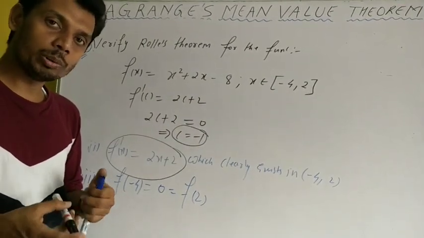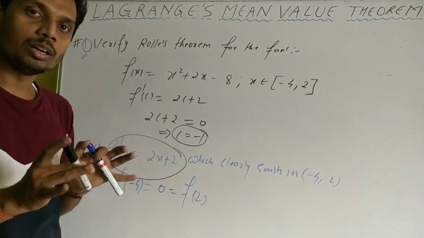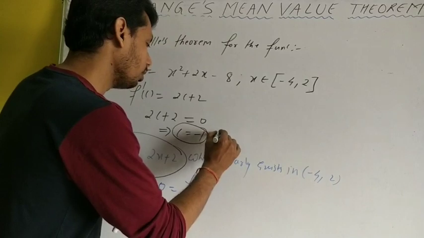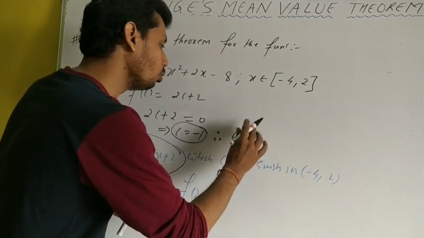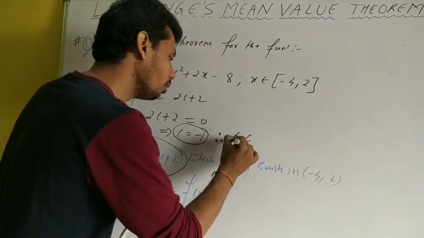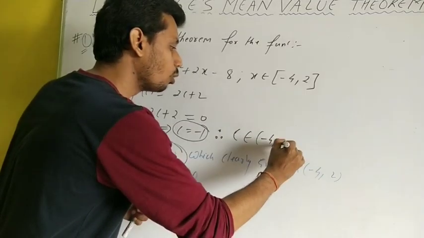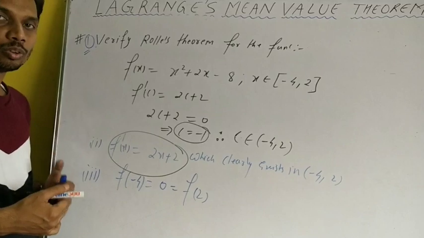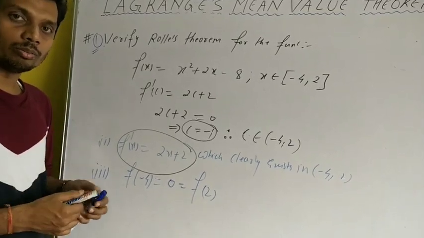It is a member of the open interval (−4, 2). Hence Rolle's theorem is verified. Here, therefore, c belongs to the open interval (−4, 2). Therefore the given function holds Rolle's theorem, or Rolle's theorem is verified.